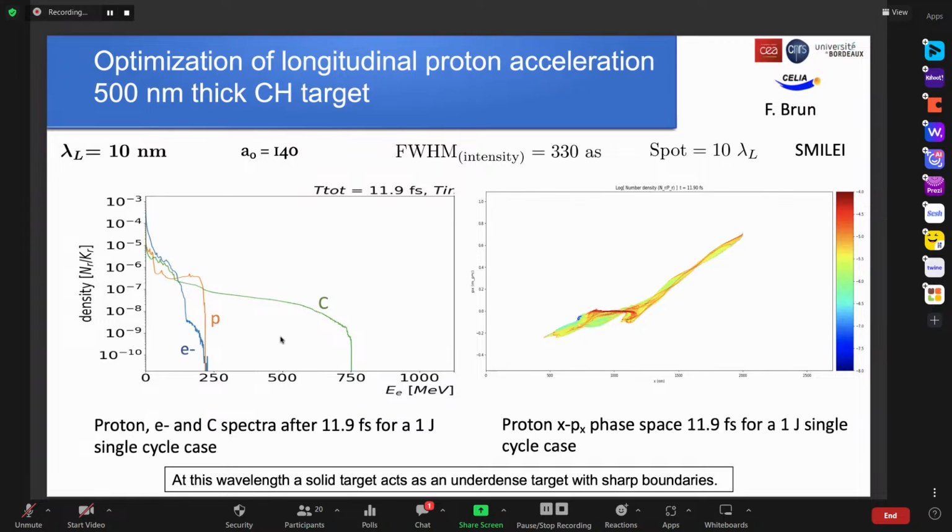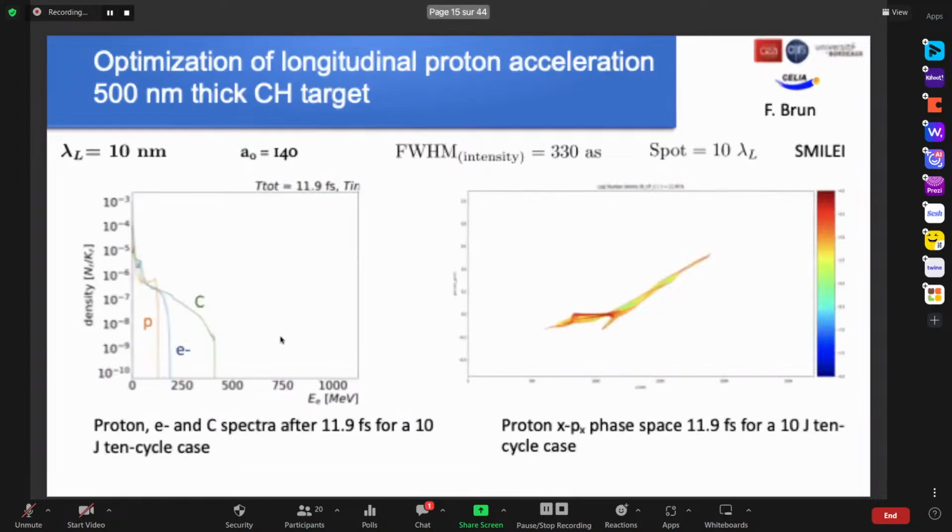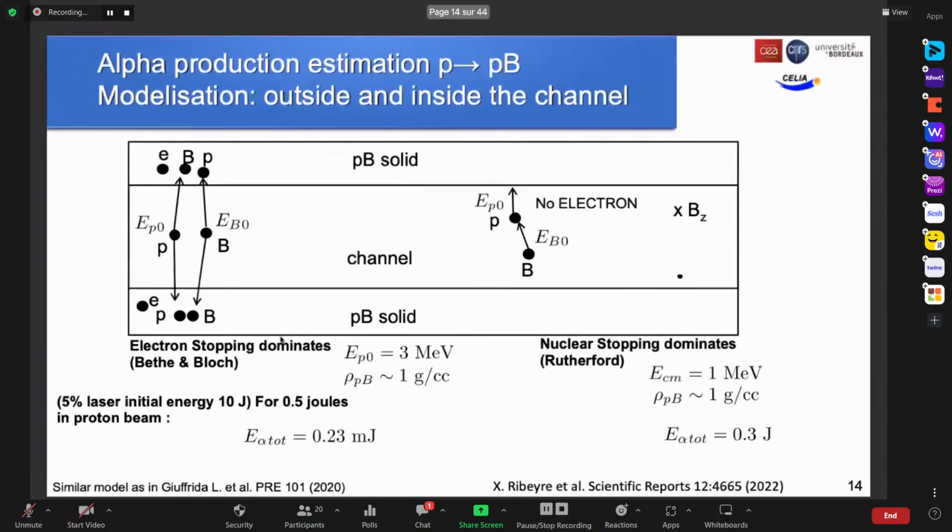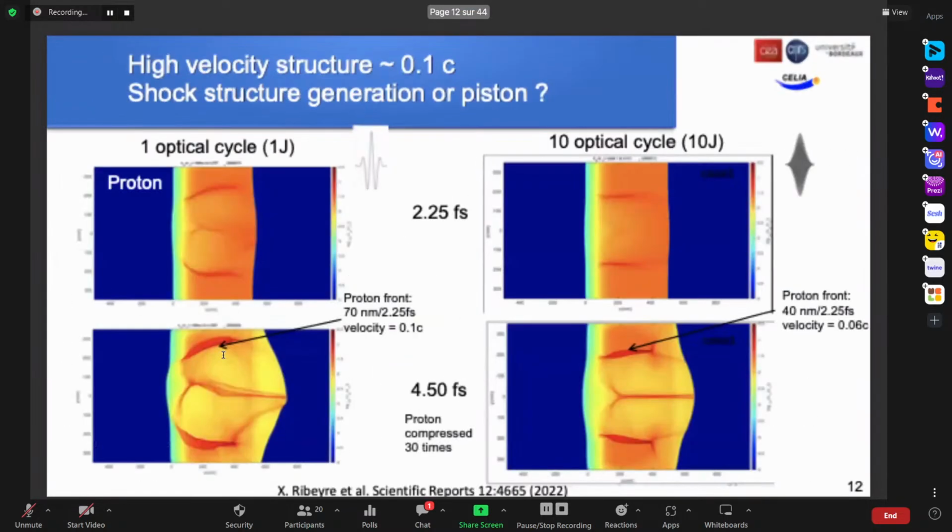I won't have time to go into all the detail, but we studied why it's more efficient in the single cycle case. And in fact, as we can see here, in the 10 cycle case, everything is very symmetrical. In the 1 cycle case, the electrons are going to feel a kick during the propagation of the laser in the target, which will strongly depend on time and which cannot be averaged over multiple cycles.